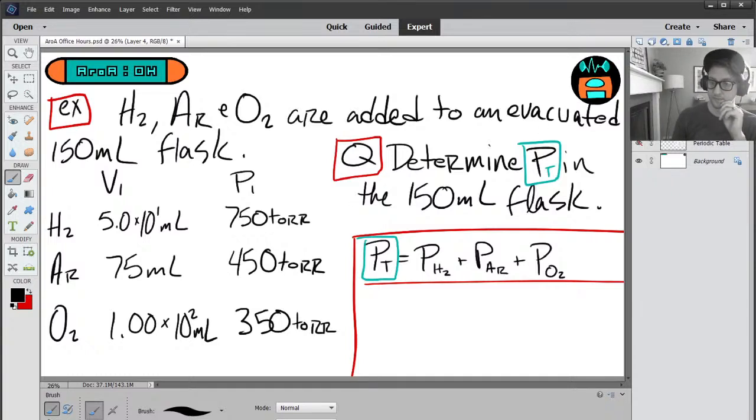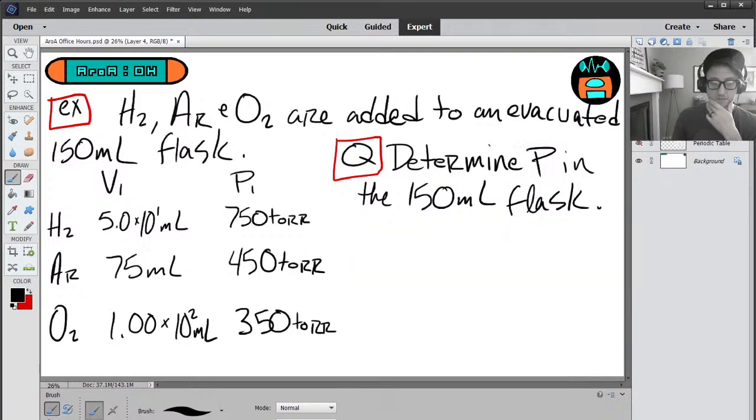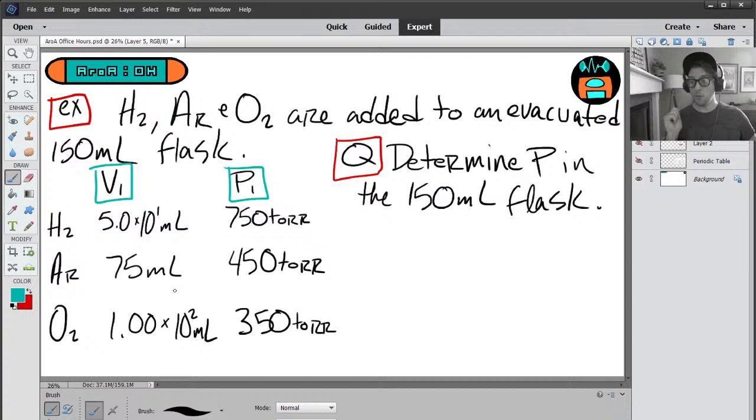Here's the deal, though. We need to find these partial pressures. For each one of them, we're given an initial volume, an initial pressure, but we're actually given one other piece of information right here.